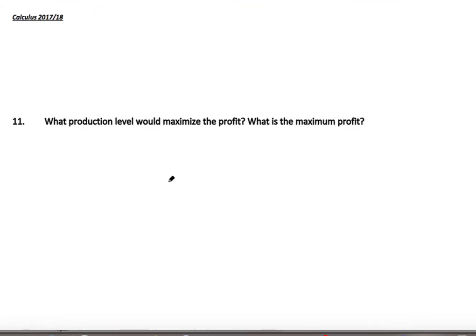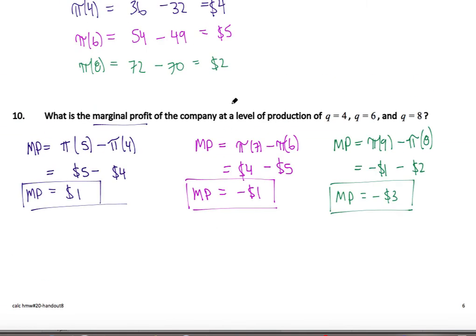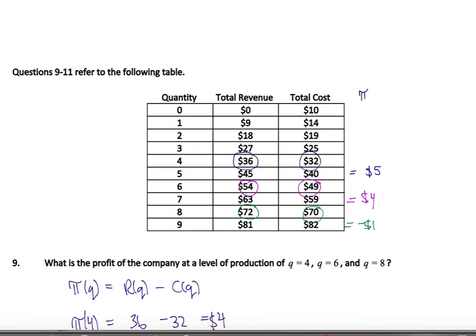Finally, what production level would maximize the profit and what is the maximum profit? So if I'm looking through this entire table and I look at profit, I do revenue minus cost. So here my profit is negative 10, here my profit is negative 5, here my profit is negative 1, positive 2, positive 4, positive 5, positive 2.